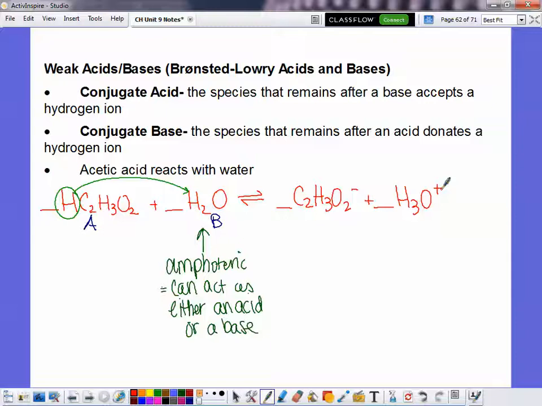And now my acetate ion, the C2H3O2 minus, that is called my conjugate base because it is the substance that is left over after the acid got rid of that proton. Okay? And then H3O plus is my conjugate acid, which is the substance that remains after that base accepted a hydrogen ion.